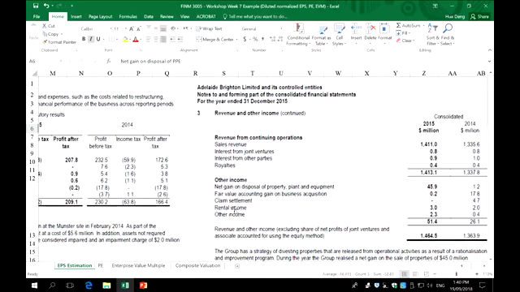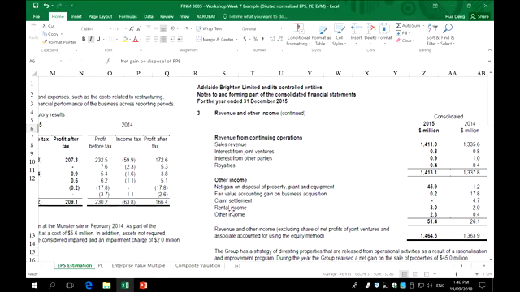Other items: rental and other. We don't know what the other is, but it's rental income. Rental income is usually maintainable, because usually a lease agreement will lock in a rental for several years for the entire lease period.